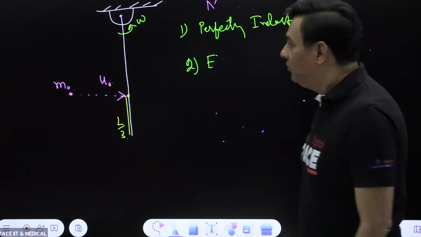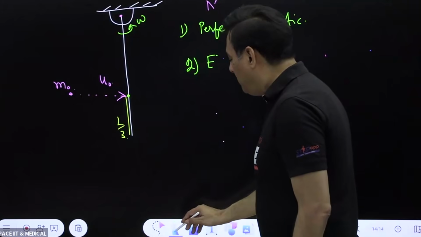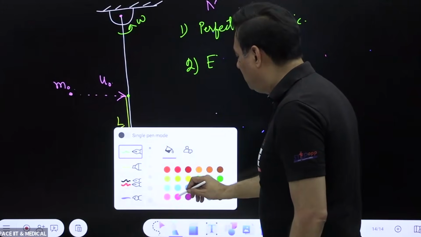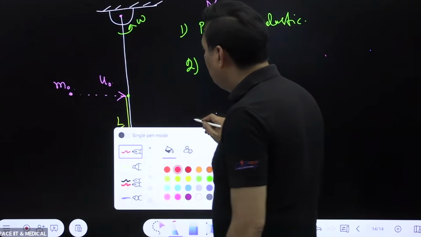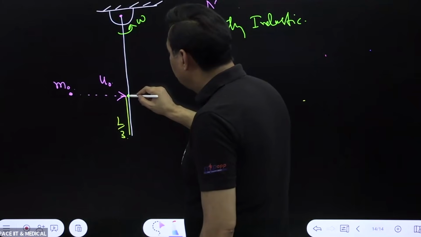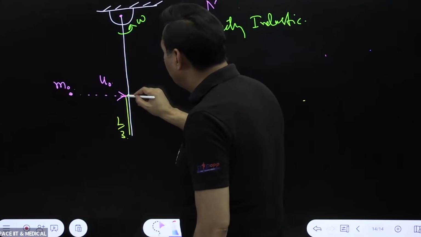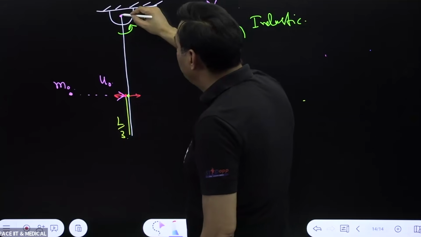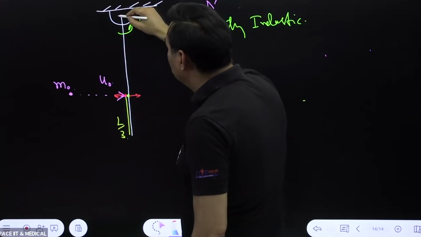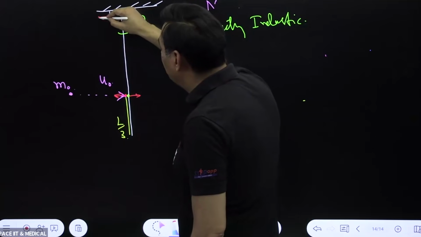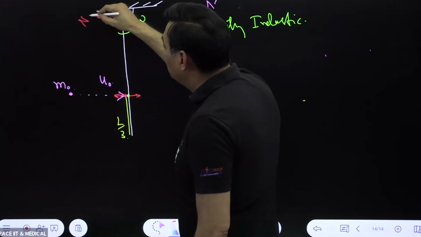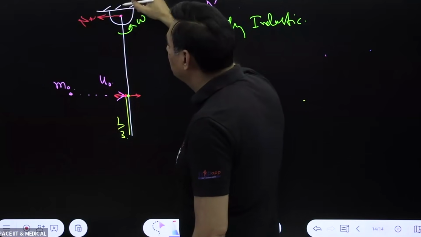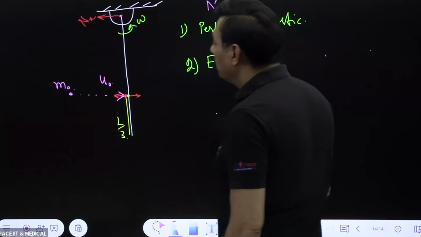Reason? Who will explain? The moment this collides with it, there will be an impulsive force between these two at the time of collision. And if that force is very large, there will be a sudden jerk in the rod, and the horizontal hinge will exert some force on it in the horizontal direction.